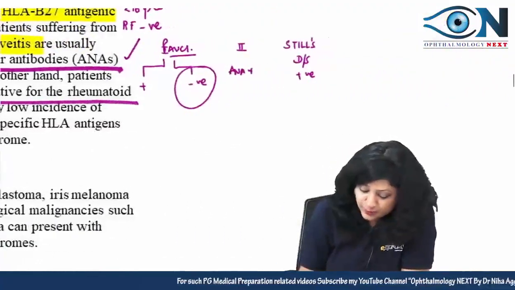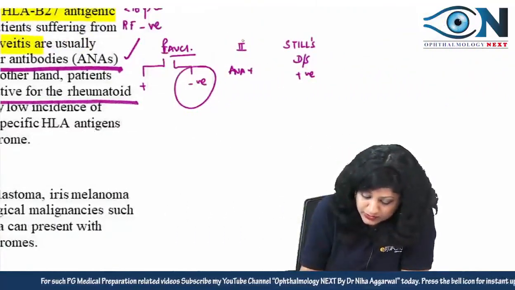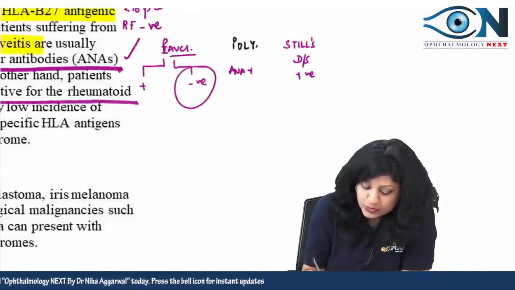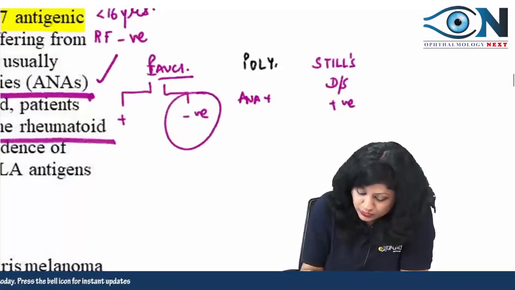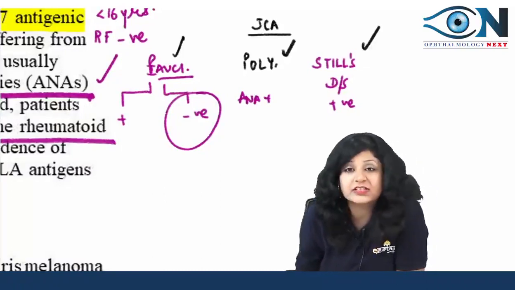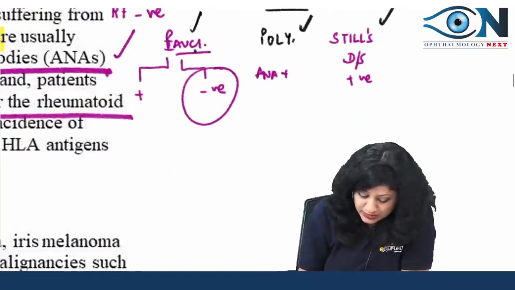See this. This is your pauci-articular, and what we call type 2, this was your polyarticular, right? If I divide this JCA into 3 types, this is your pauci-articular, polyarticular, and then you have the Still's disease. Now in this pauci-articular, half of the people are positive for anti-nuclear antibodies, half are negative.